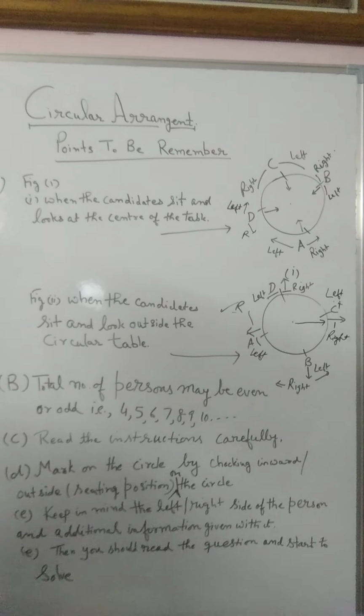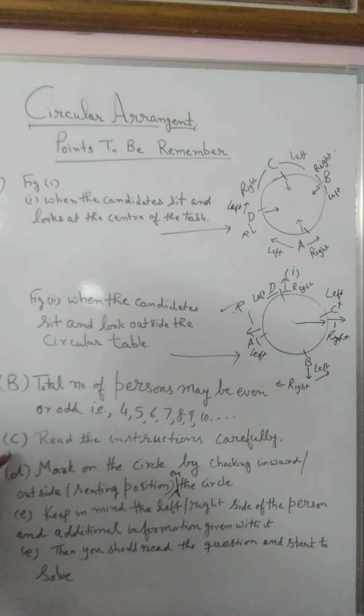There is no fixation that the number of persons in sitting arrangements is 5, 7, 9 or 11 only. It may be even also: 6, 8, 10, 12, even 14, 20. It depends upon what is asked in the question.